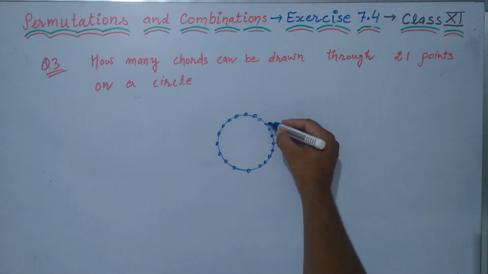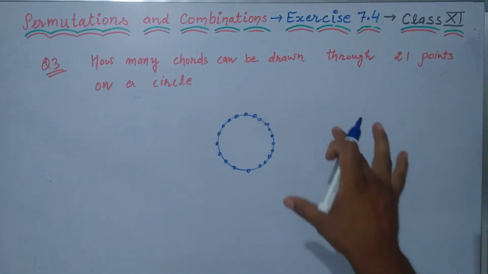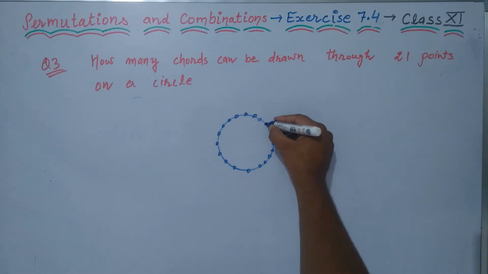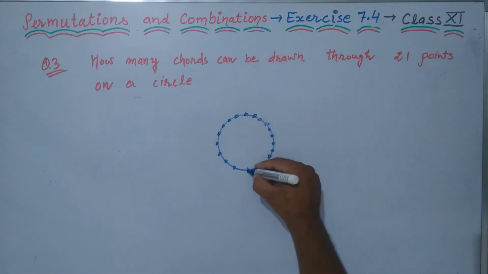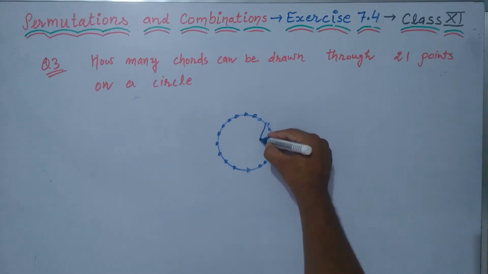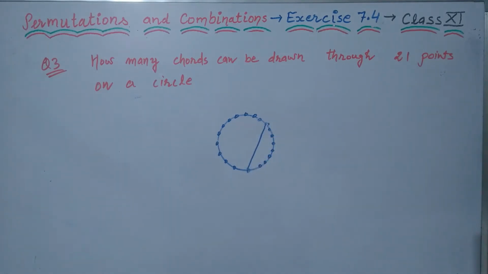First of all, we have to select any 2 points to draw one chord. Suppose I select this point and this point. So this way one chord is drawn. This depends upon my choice, how I select.